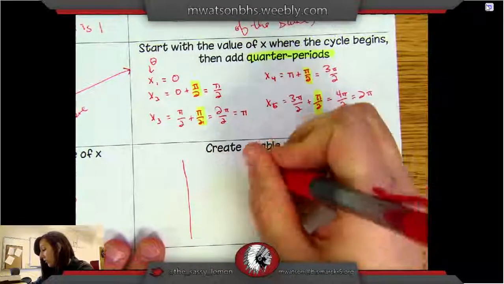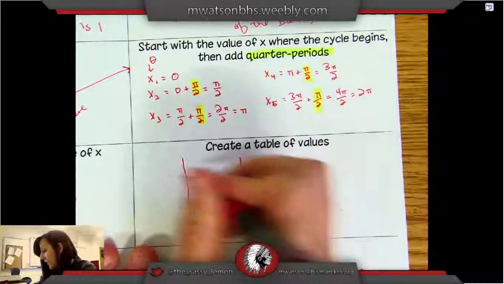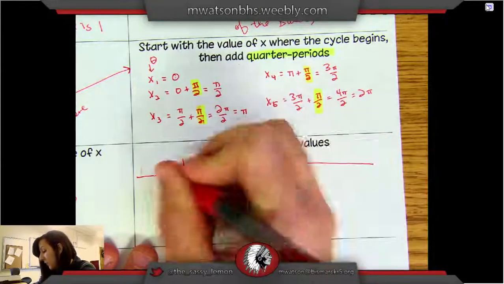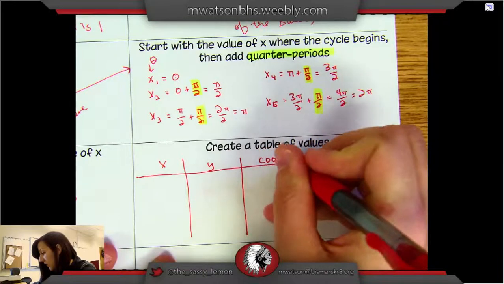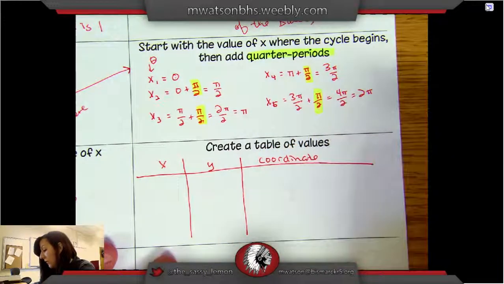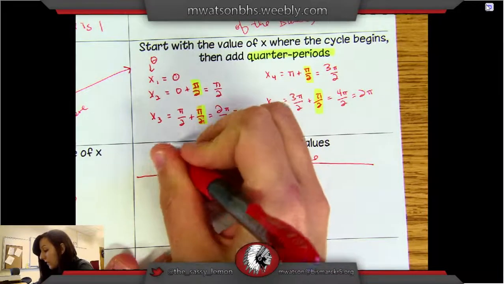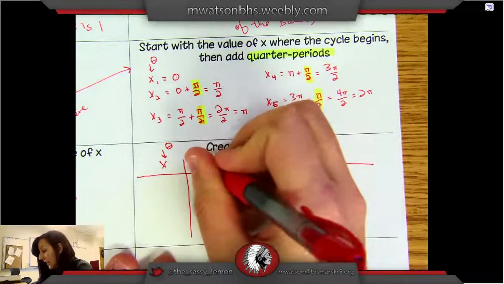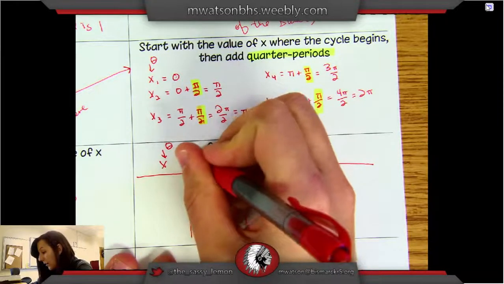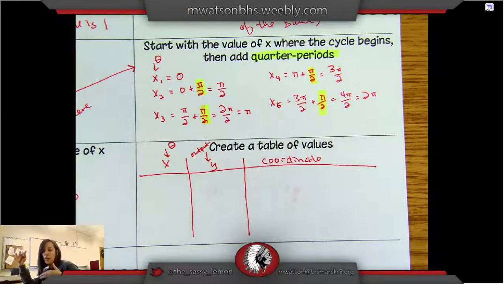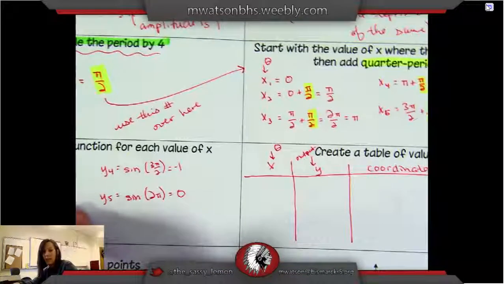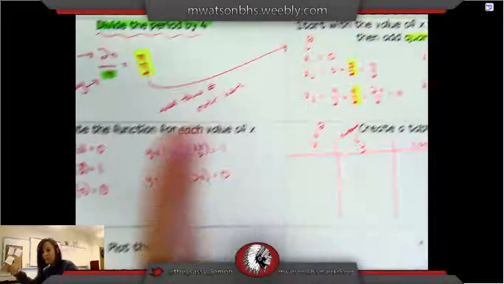What I want you to do right now is create a table of values, x and y, and then write it as a coordinate. Remember that x is the same as theta. That's your input, and this is your output, our ratio, but instead of writing it as something over something, we're writing it as one number.